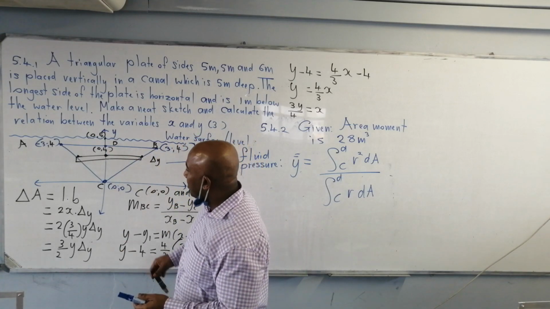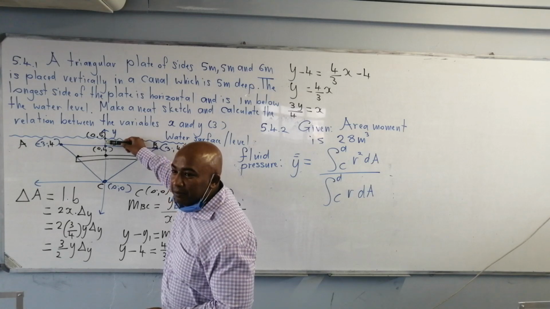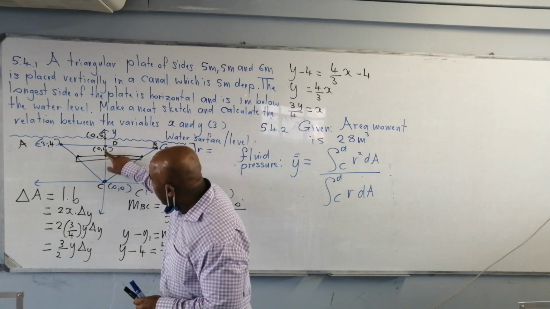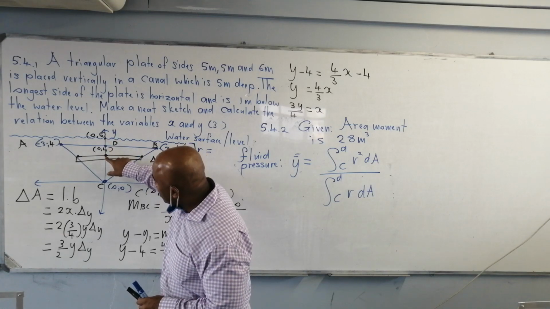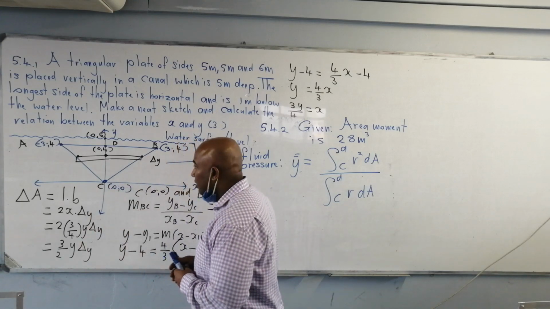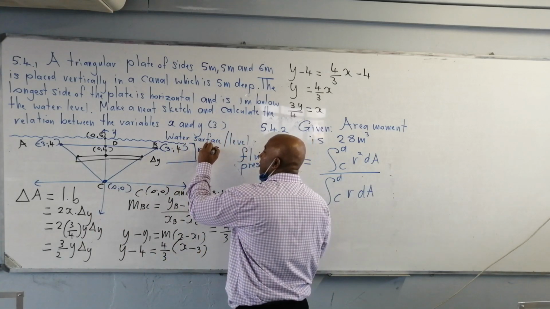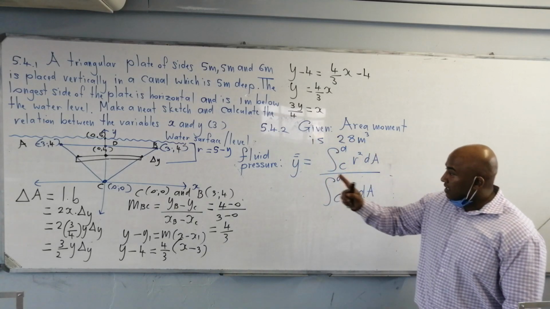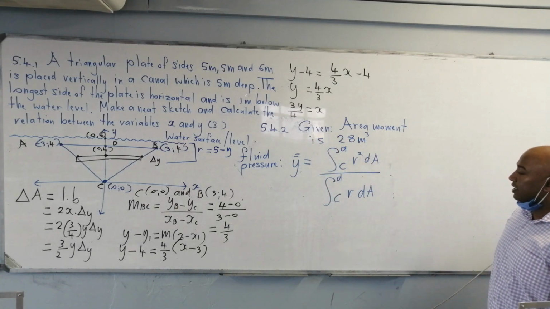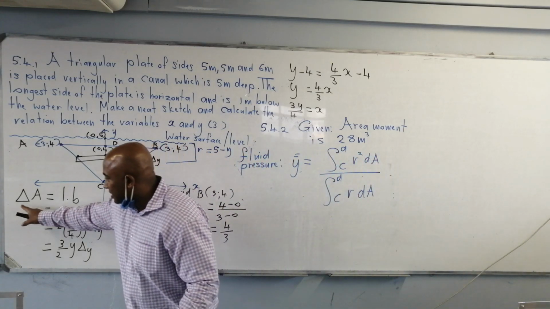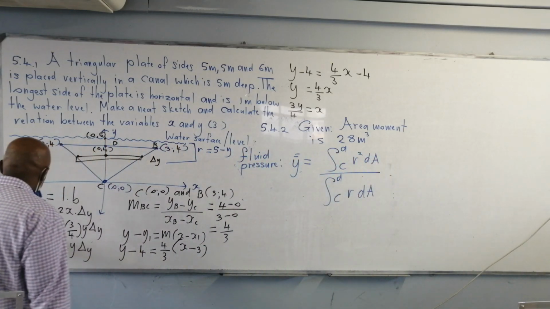It's always going to be the water surface minus whatever you have here. So if this is 4, 5 minus 4 is 1. If this is 2, 5 minus 2 is 3. But we don't know what it is. It's a y value. So it's always going to be 5 minus the y value. Okay. So this is the R that we're going to be substituting here. dA, well, there's dA here. Same thing. Delta A is dA.